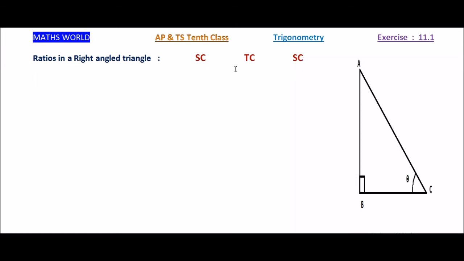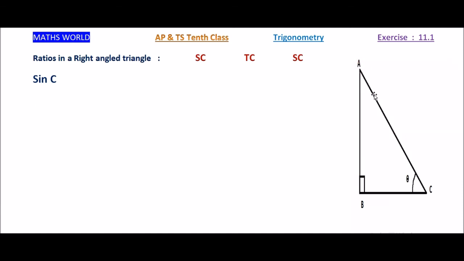So what is sin theta? Here theta means we are talking about the angle C. So what is sin C? What is the formula for finding sin C? In the starting I explained clearly, the side opposite to the right angle, 90 degrees, is called the hypotenuse.